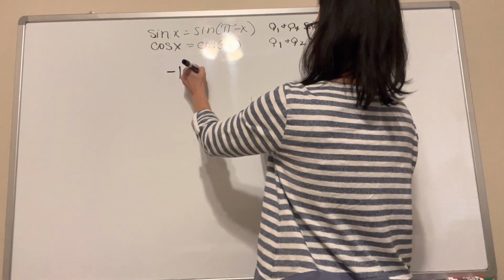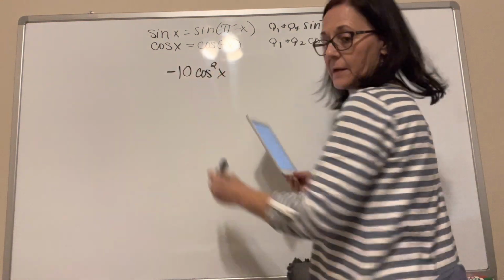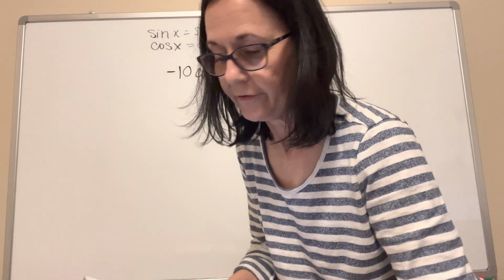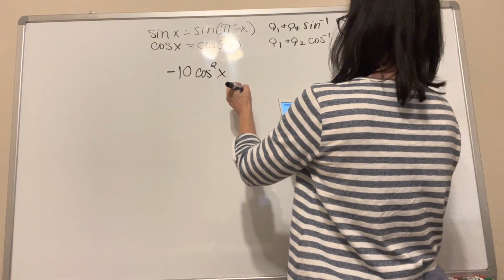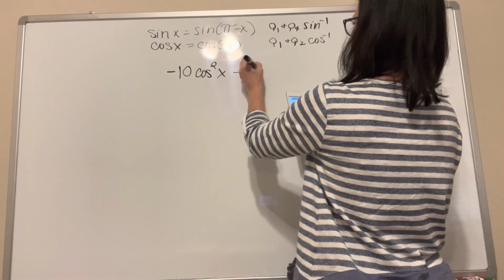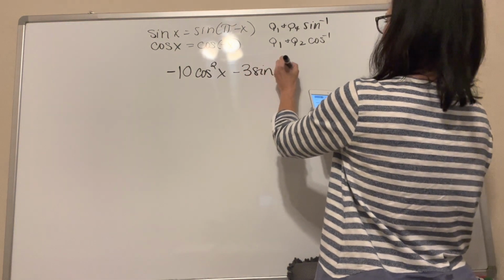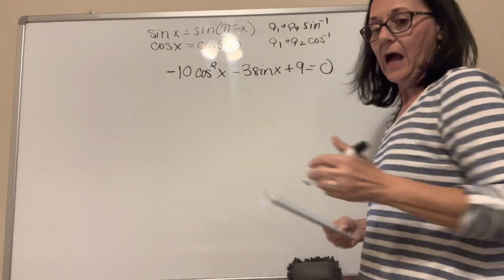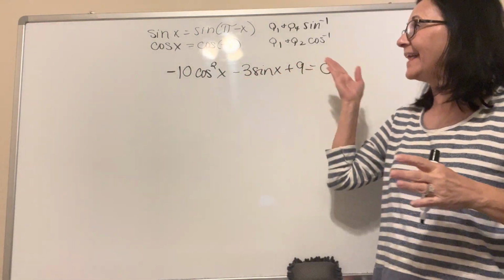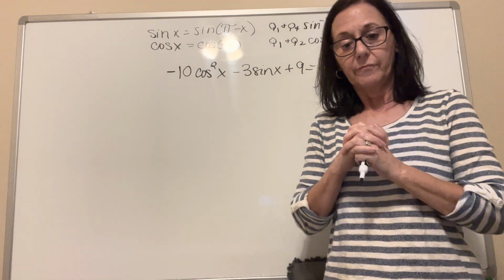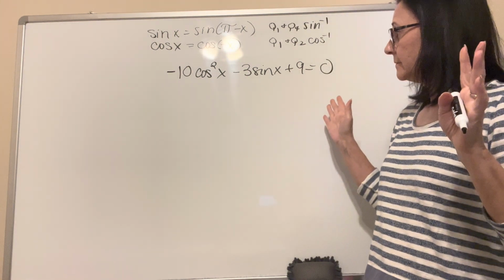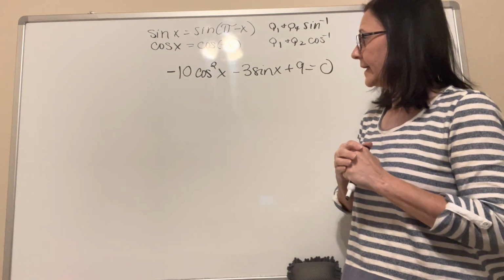I'm on example 9, page 544. Negative 10 cosine squared x minus 3 sine of x plus 9 equals 0. Here's how I know. I have both the cosine and the sine in one equation. I can't solve it.